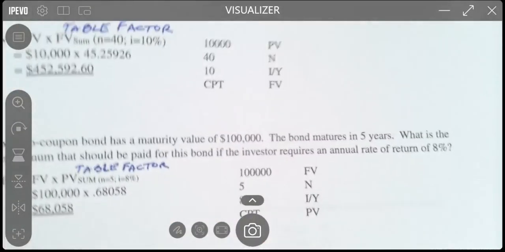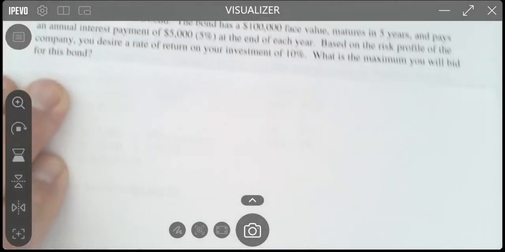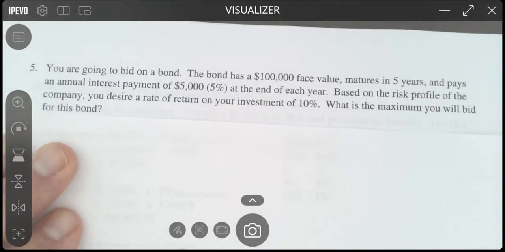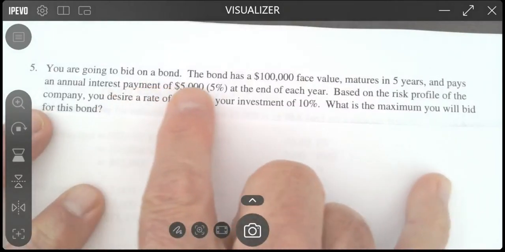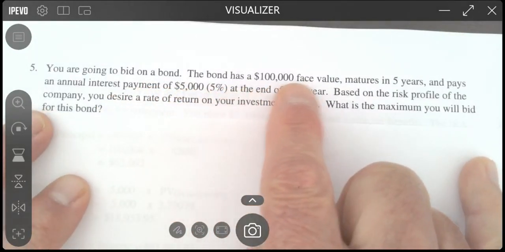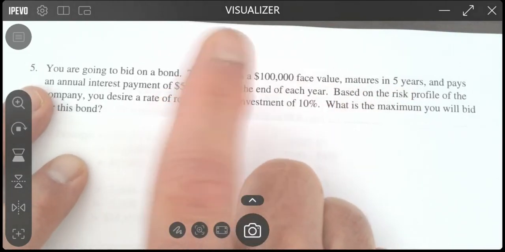Let's do a couple more. Okay, now let's see a bond that has both interest and principal. You're going to bid on a bond. That bond has a $100,000 face value, matures in 5 years, and pays an annual interest payment of $5,000.